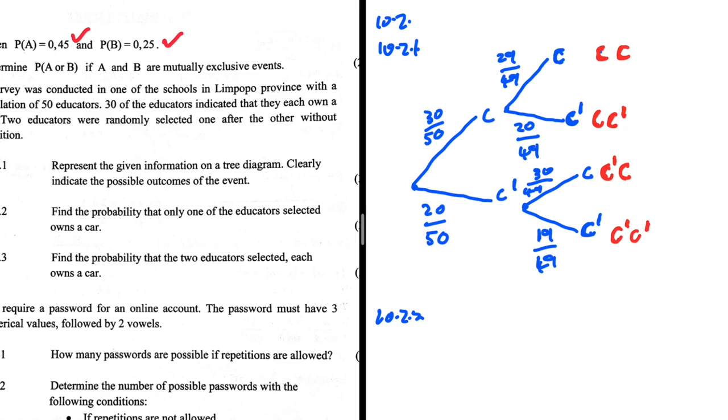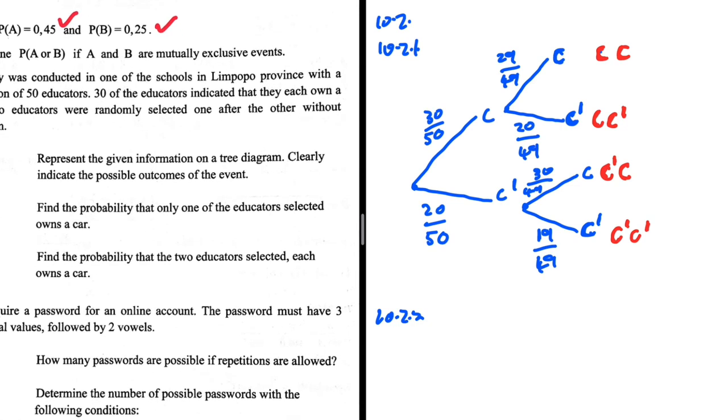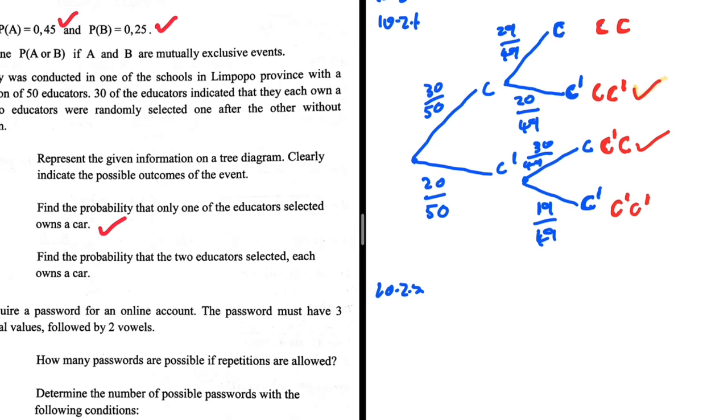So 10.2.2, find the probability that only one of the educators selected owns a car. Only one. We're interested in this outcome because in this outcome, only one teacher owns a car. We're also interested in this outcome because only one teacher owns a car in that outcome.